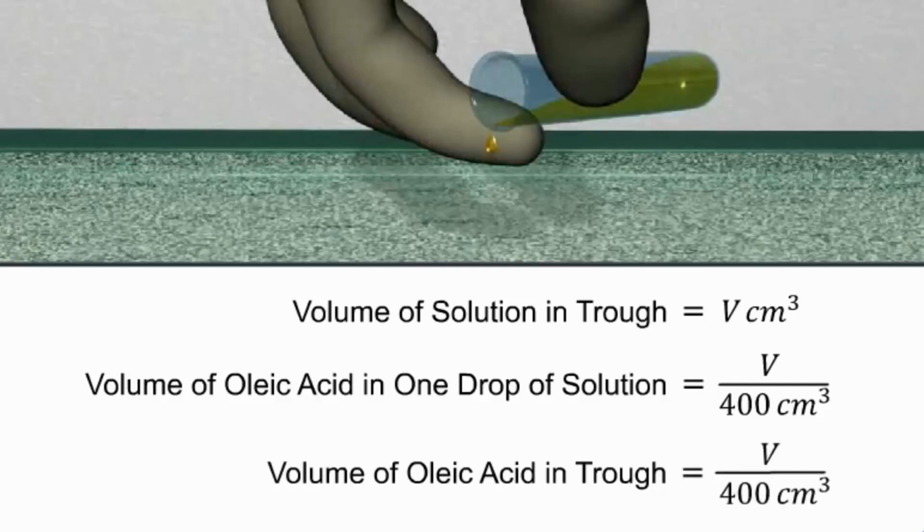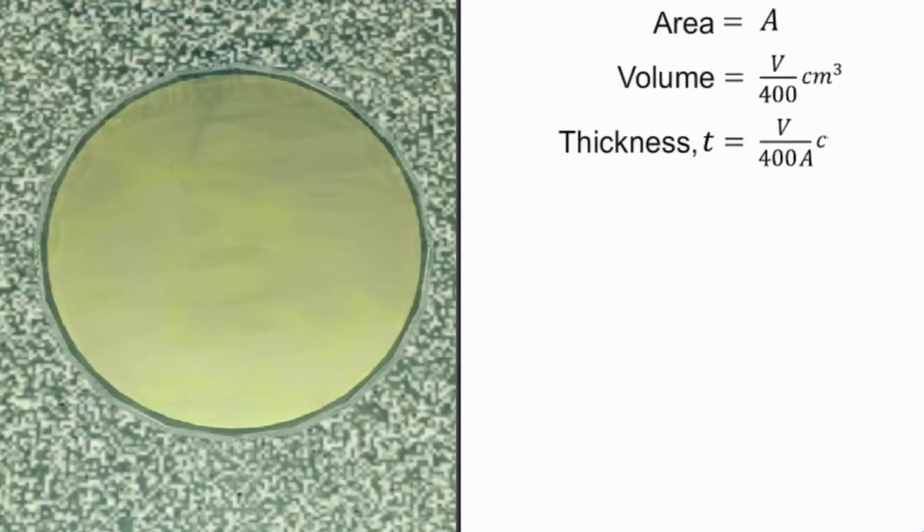Now that we have the area and volume of the thin circular film, we can get its thickness, T, as the ratio of volume to area. T is equal to V/400A centimeter.